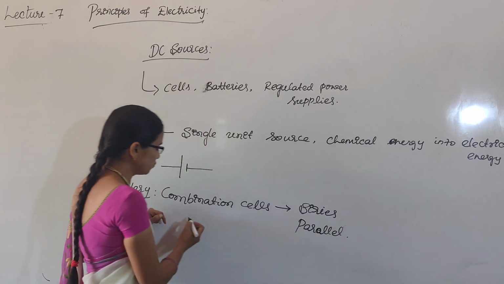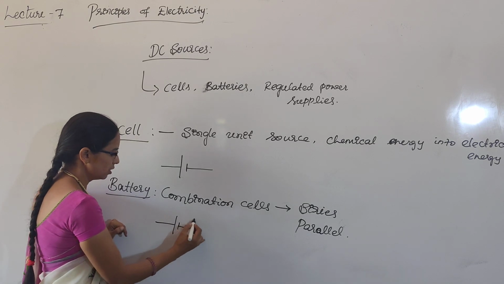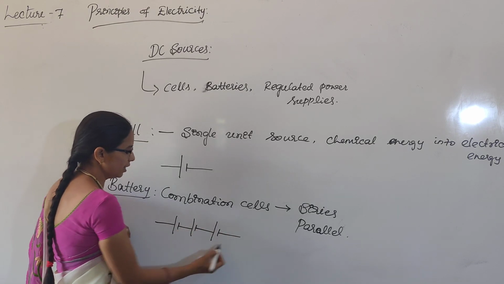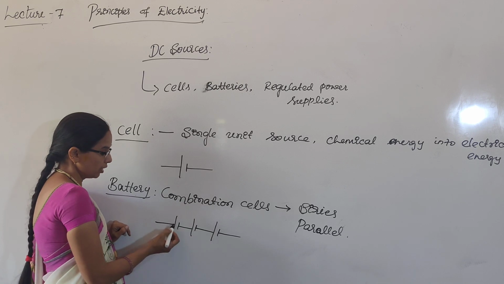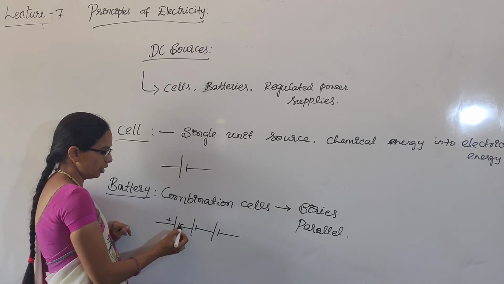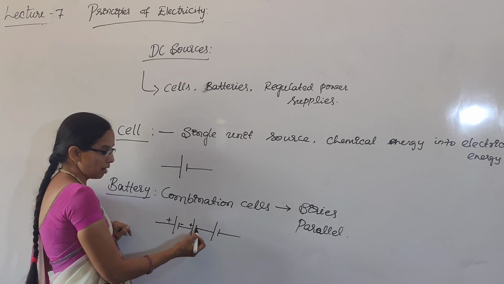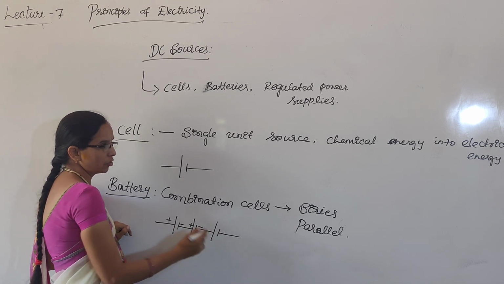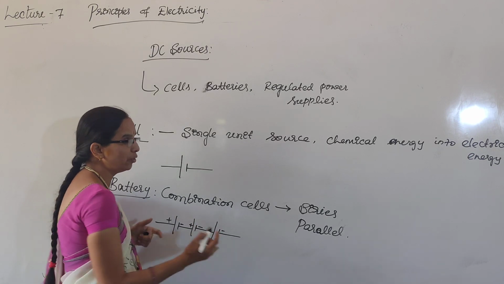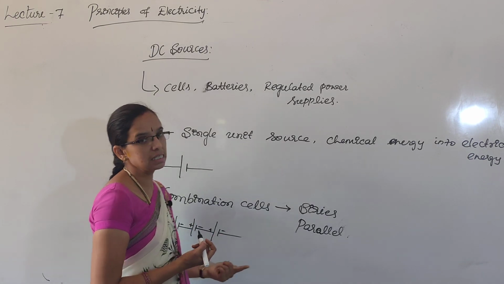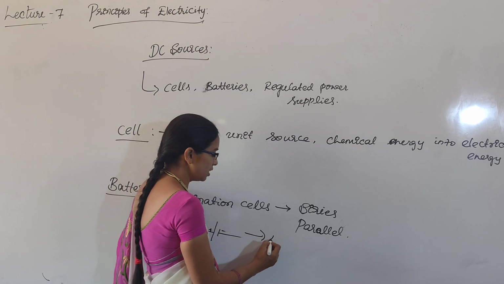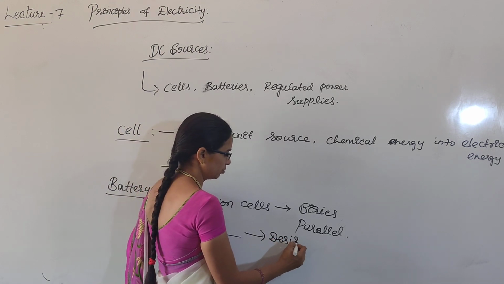See, combination of cells means, if you connect cells like this, the positive of one is connected to the negative of the next, and likewise the negative is connected to the positive of the next. If you connect them end-to-end, it becomes a series connection, which gives the desired voltage rating.